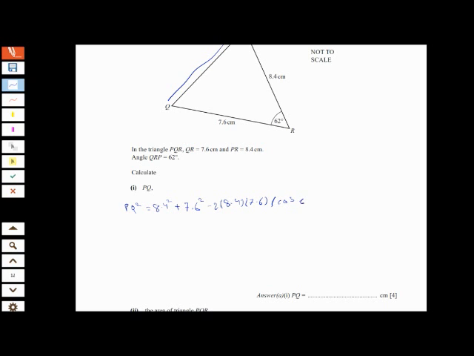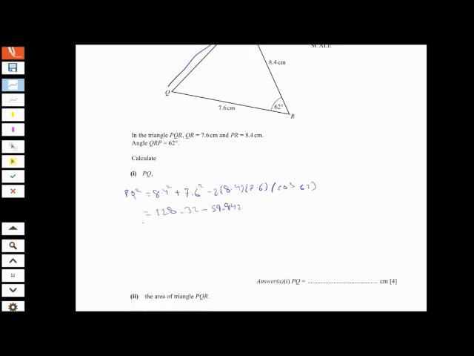And then what you get here is 128.32 minus 59.942. For the sake of accuracy, make sure that you leave a lot of decimals in the working. Just round at the end, don't round while you're working.